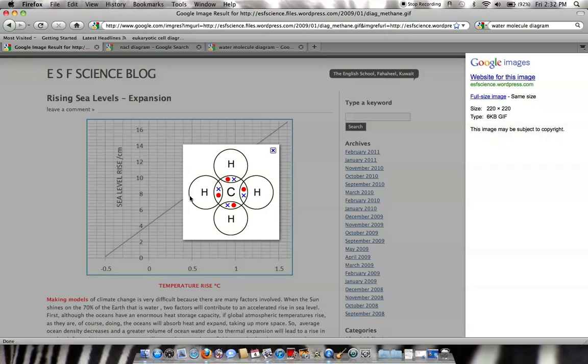But for our purposes, we can use orbits. So the hydrogen atom has one electron in its orbit, and the maximum number that will fit in hydrogen's orbit is 2 electrons.